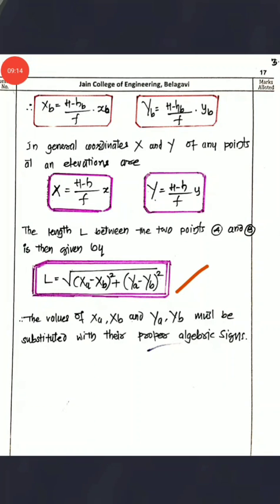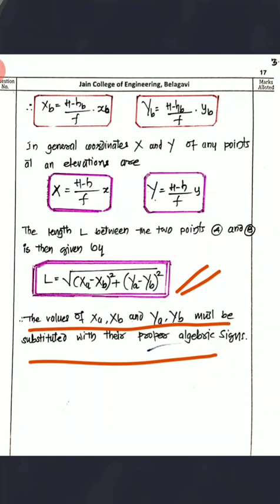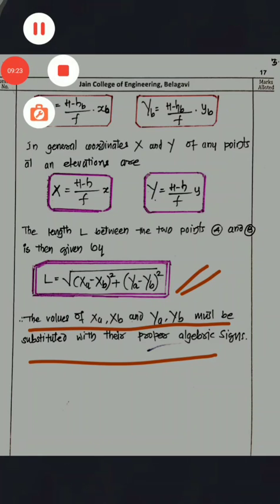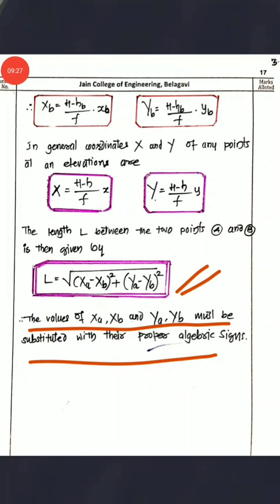Now below this figure, there is a very important note they have mentioned here. The values of capital XA and capital XB, capital YA and capital YB must be substituted with their respective, proper algebraic signs, then only is it possible to get the length.